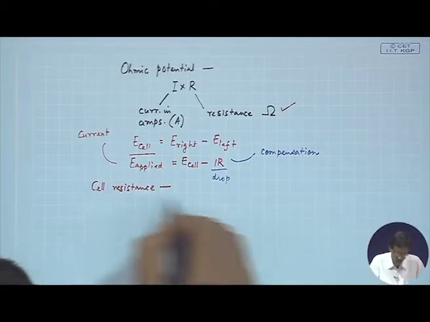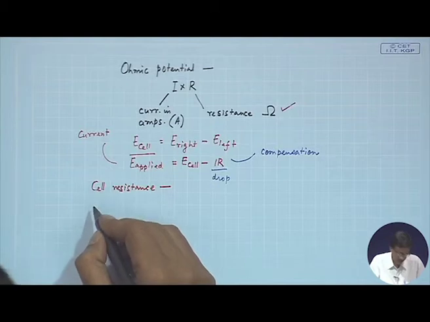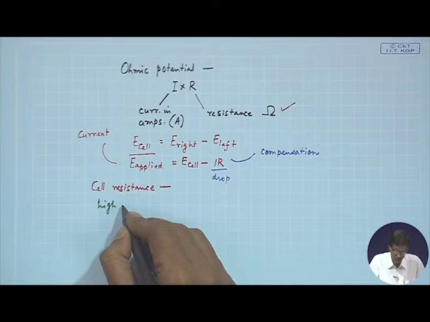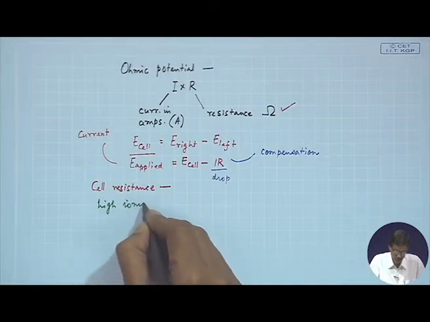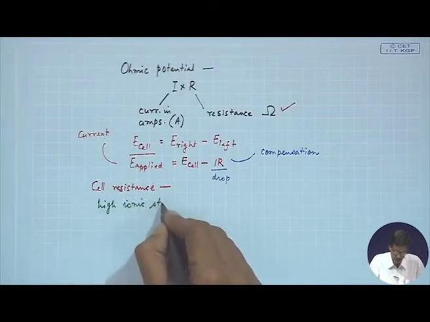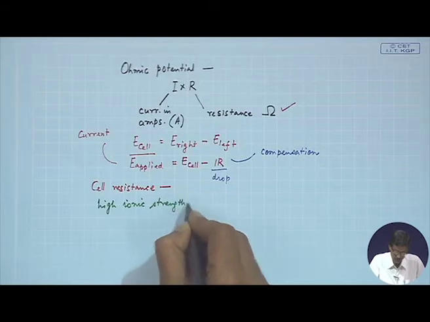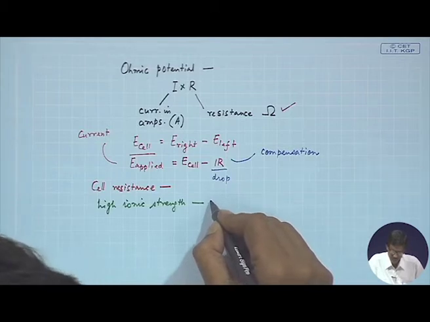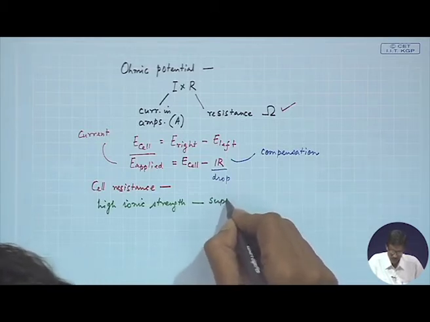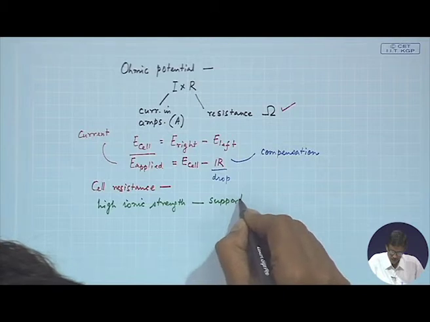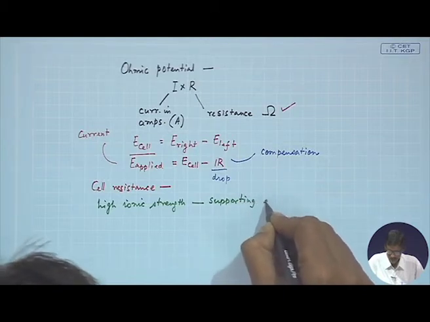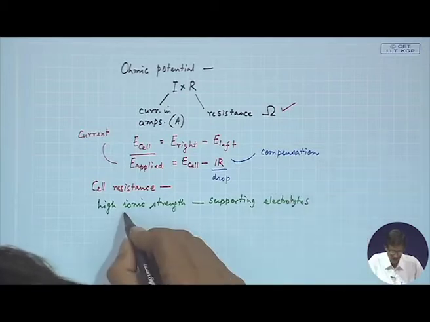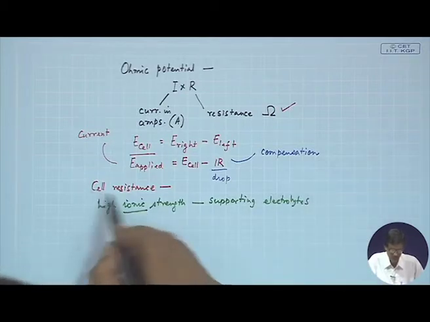If in the solution we have species or salt which can give rise to high ionic strength, or we add supporting electrolytes, these supporting electrolytes having high ionic strength can reduce the cell resistance.